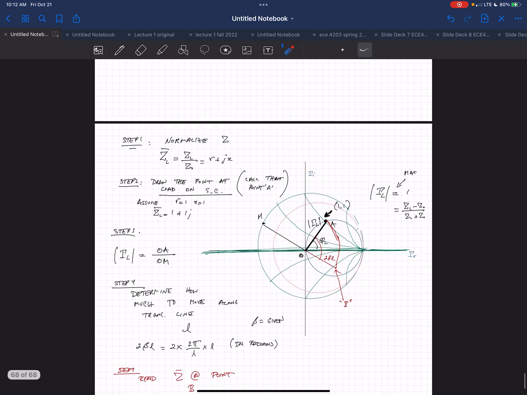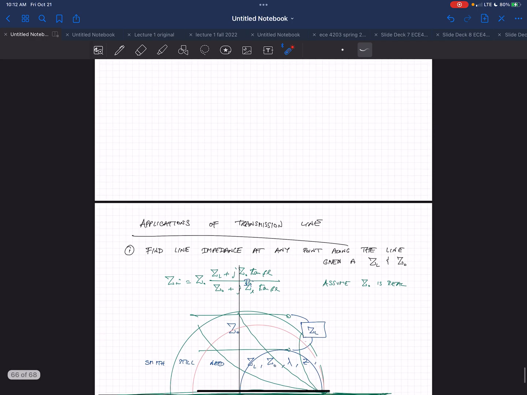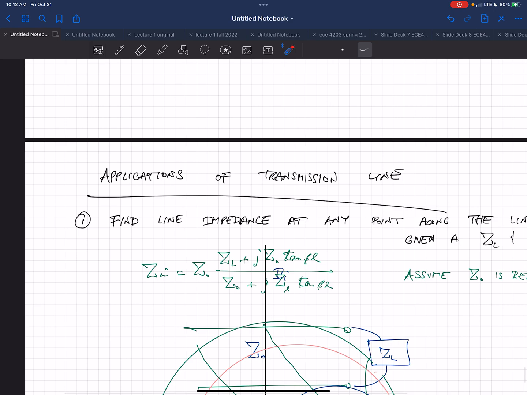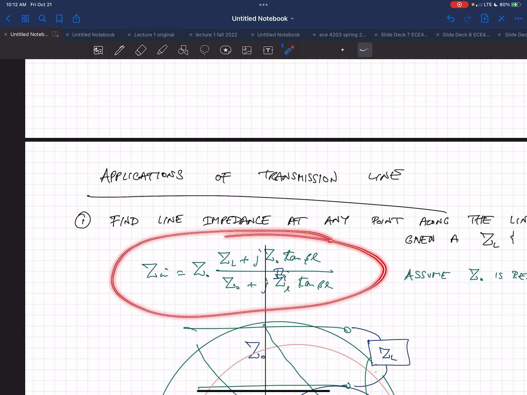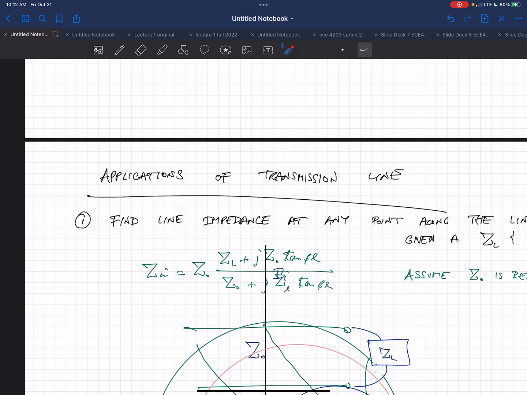Okay? Again, these days, it's not that difficult to plug this into your Excel sheet and just put in different values of L and get the input impedance as you're walking along L.